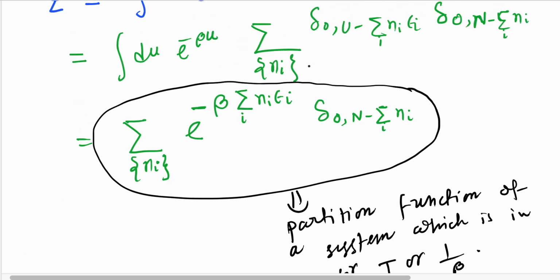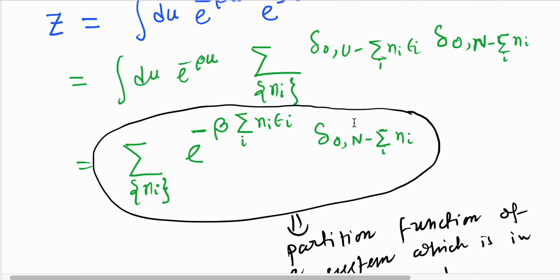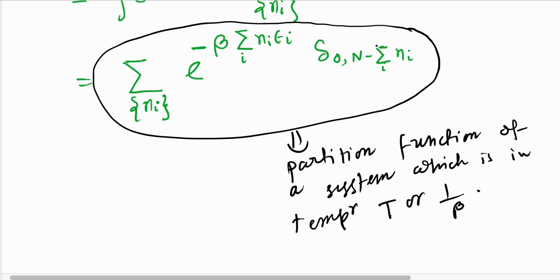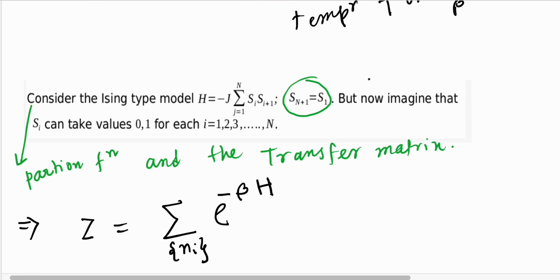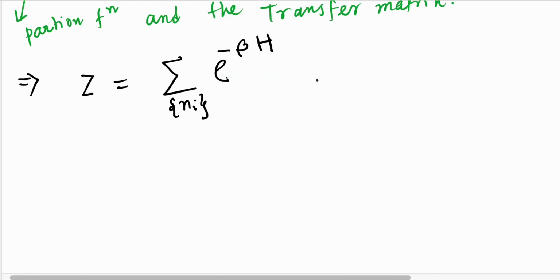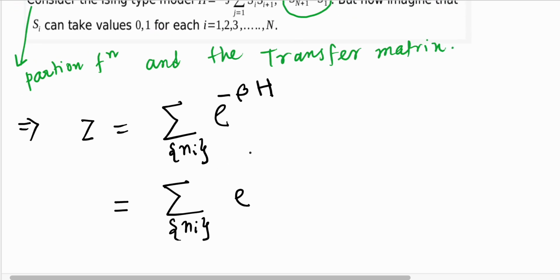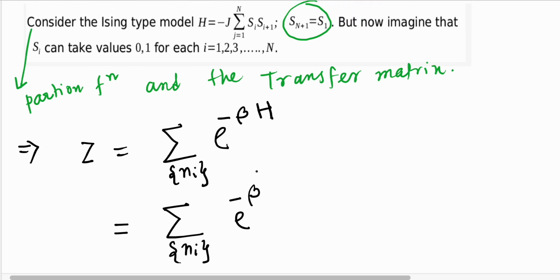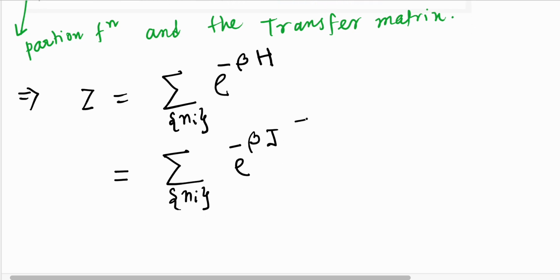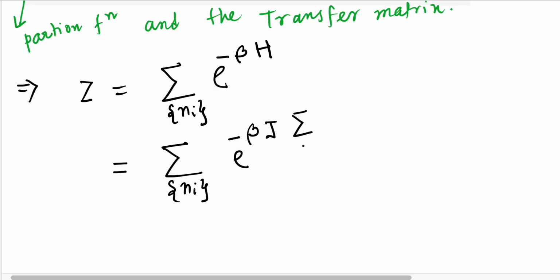We are not considering the total number of particles explicitly, but this constant total number of particles should also be there. Now it is the sum over n_i of e to the power minus beta J summation i equal to 1 to n S_i S_{i+1}.